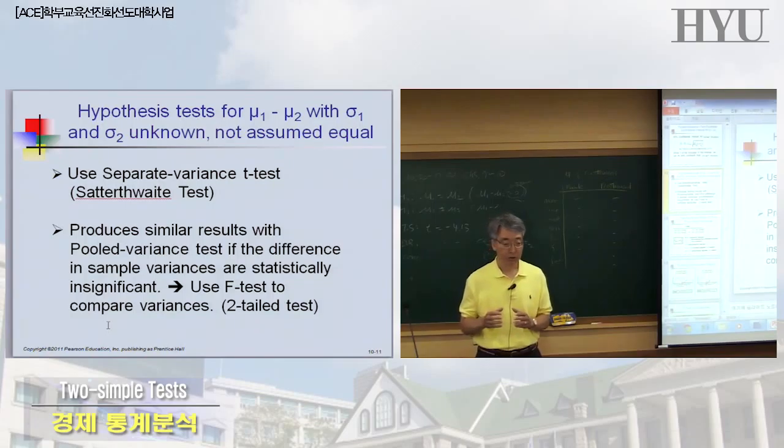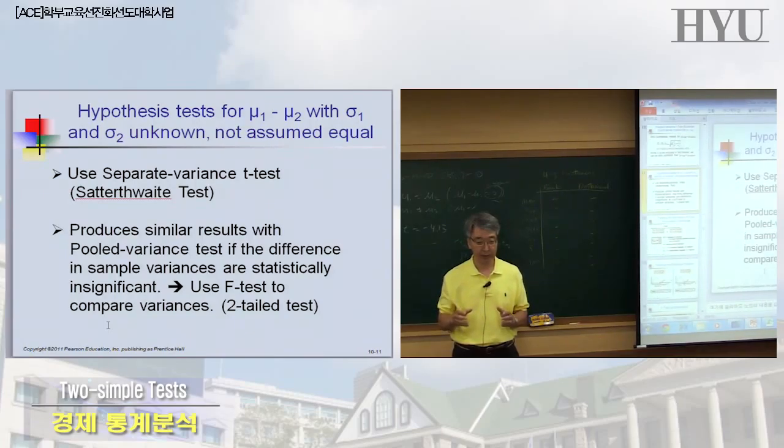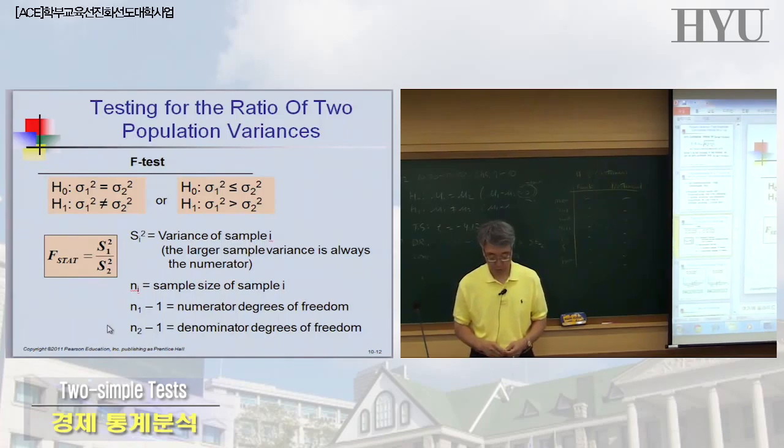Whether you run this test or that test, you will get pretty similar results if the difference in variance is pretty small. So in order to find out, we need to run the F-test.